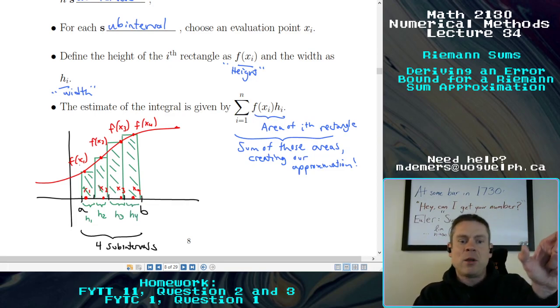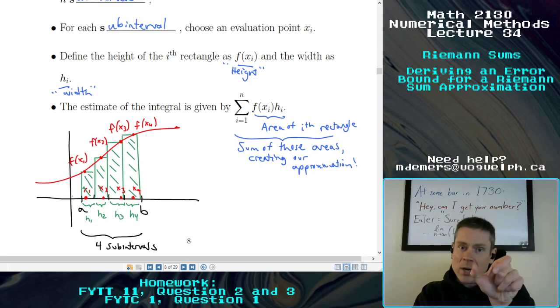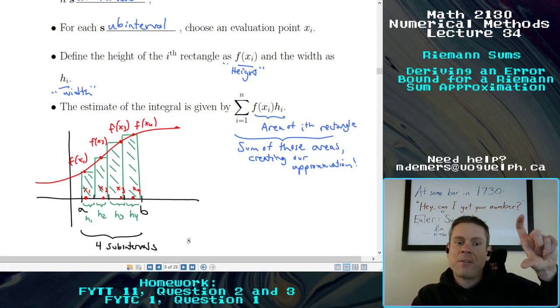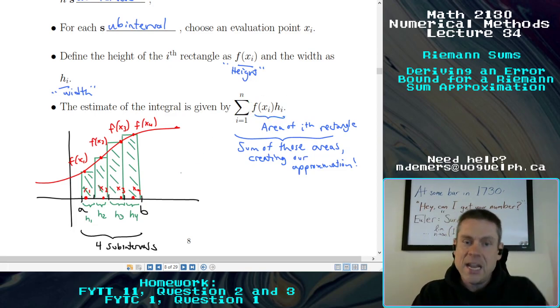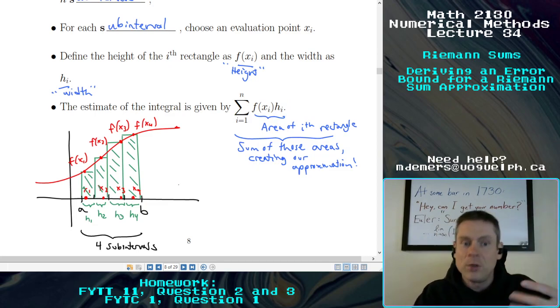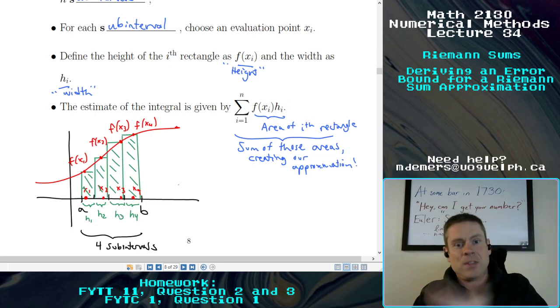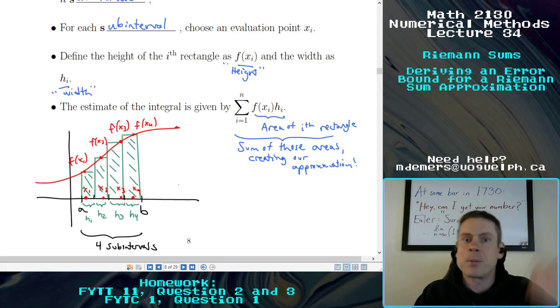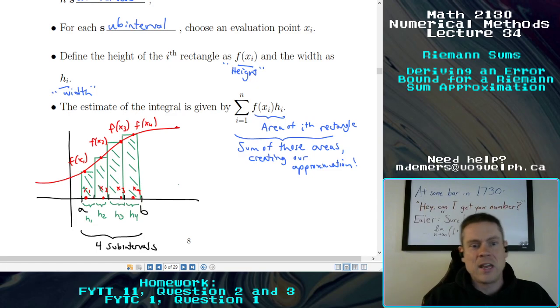And so you see the area of the first rectangle will be h1, the width, times f of x1, the height. And then the next rectangle will be h2 times f of x2. The next one's h3 times f of x3, and so on. The sum of all n of them gives us that approximation. That's what a Riemann sum is. That's how it works. And it's a pretty cool tool for something that's so simple.